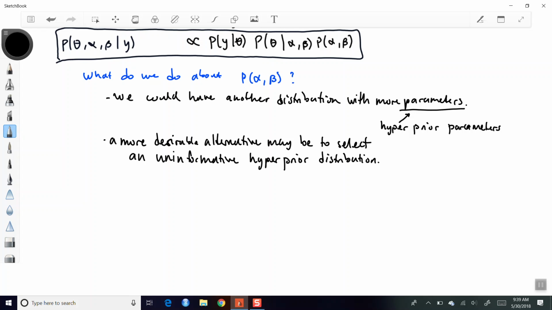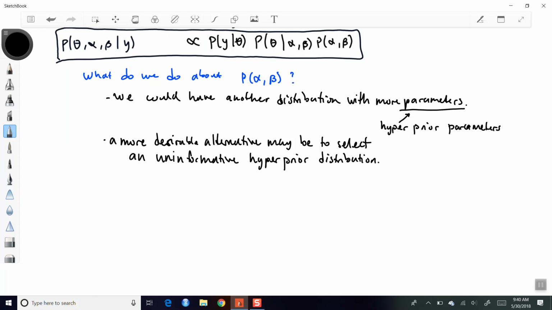An uninformative hyperprior distribution would be something that's flat for all possible values. The problem with uninformative hyperprior distributions is that they're often unbounded. In the case of alpha and beta, they just need to be positive, so they're unbounded, from 0 to infinity, and that could cause problems in the integrals and stuff. So that's something we have to watch out for.